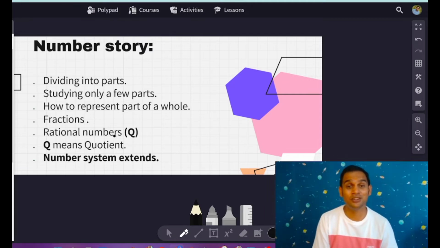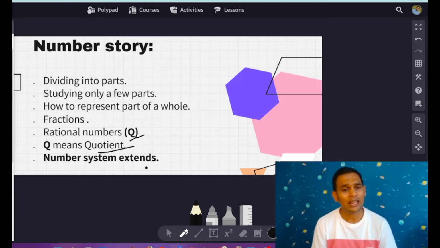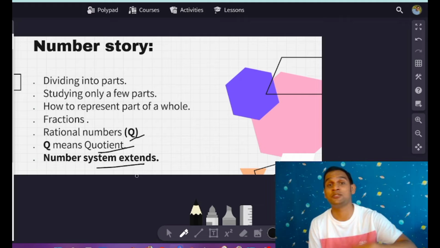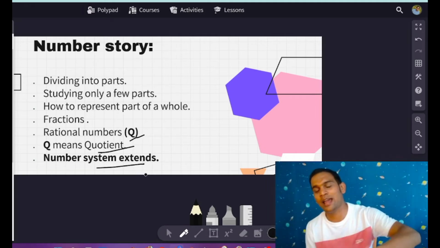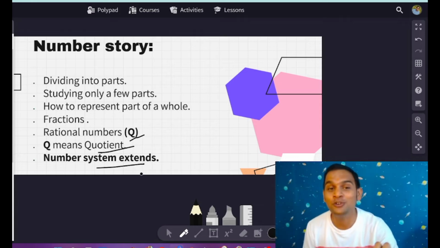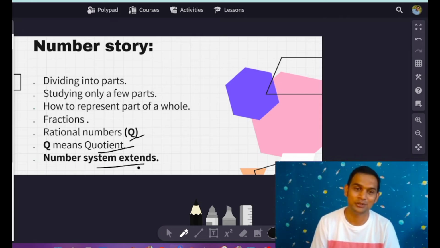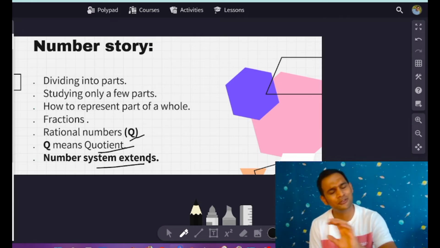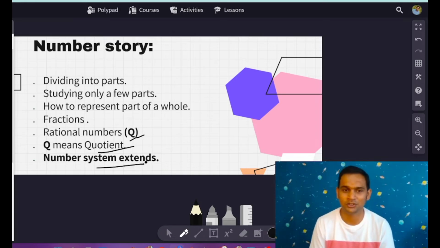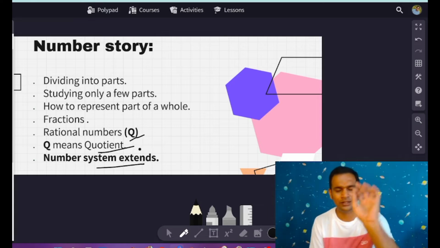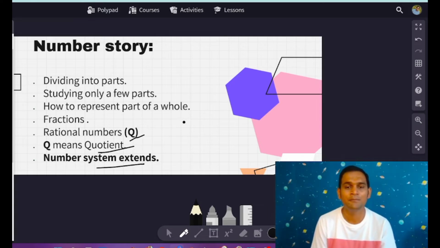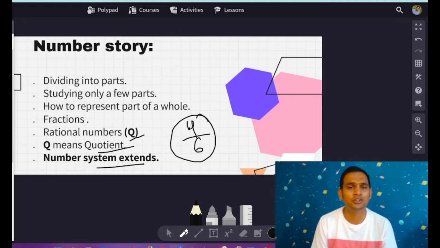Now rational numbers are named Q, which means quotient, right? And as we have already discussed, the number system is extending. That means all the numbers which were natural numbers and whole numbers are also rational numbers. So far we have studied rational numbers very thoroughly. Now, why is it called quotient? Let me put some light on that. Suppose we have 4 by 6. This is nothing but division, right?